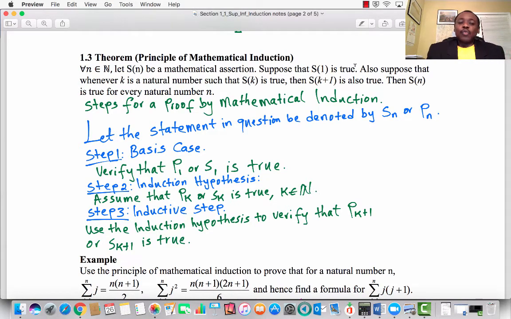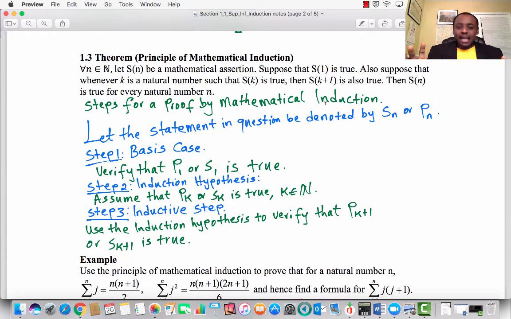Also, suppose that whenever k is a natural number such that S(k) is true, then S(k+1) is also true. So we suppose that S(k) is true, and we can verify that S(k+1) is also true. If that is the case, then S(n), the mathematical assertion, is considered true for every natural number n. We call that the principle of mathematical induction.